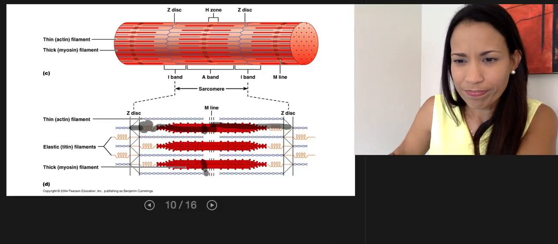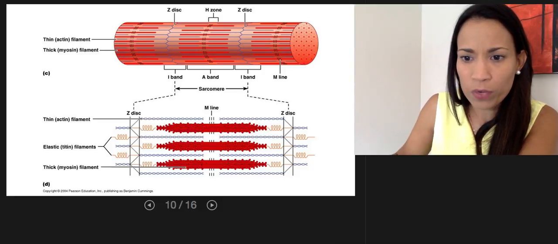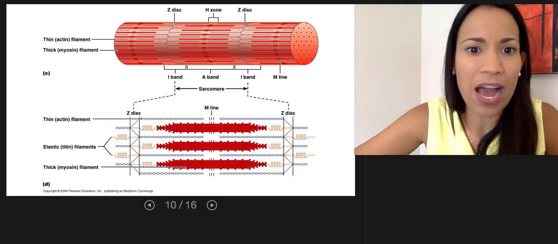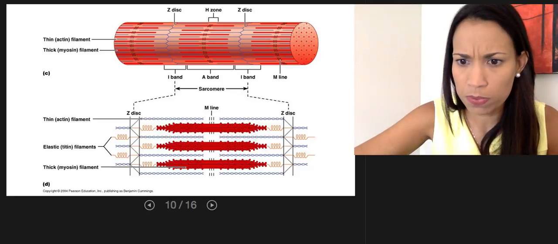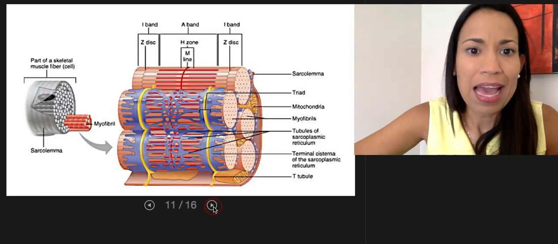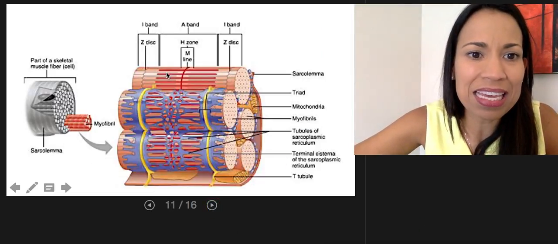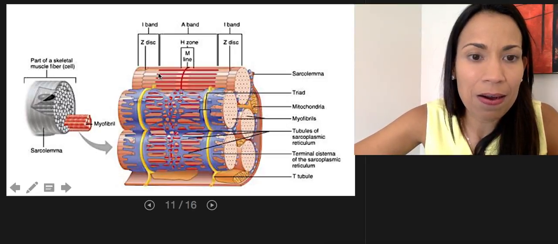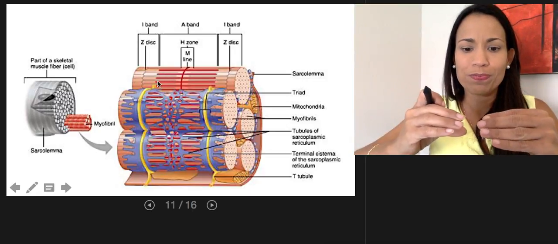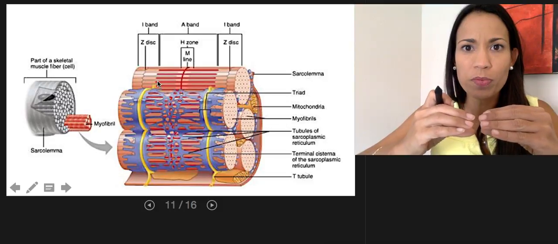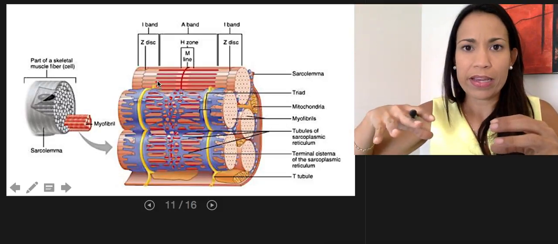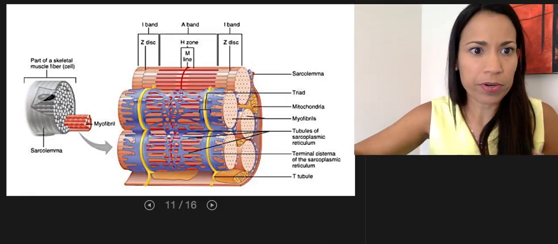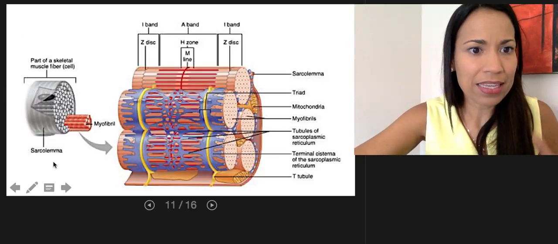Now, before finishing this video, I want to show you the relation of this sarcomere with the other organelles inside the muscle fiber. So let's get oriented in here.